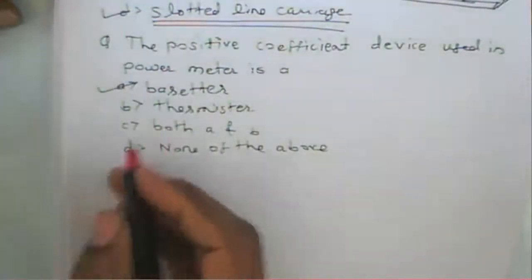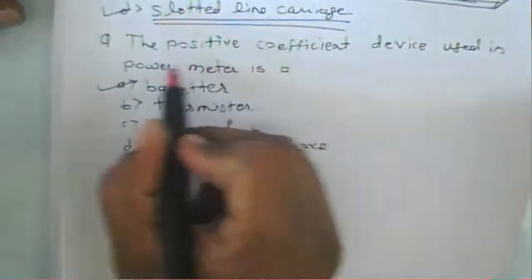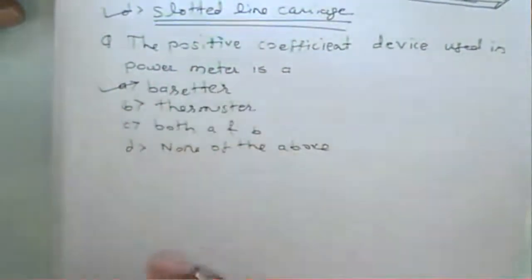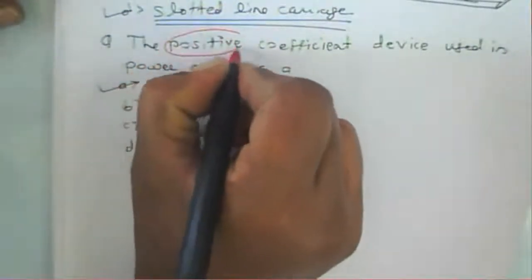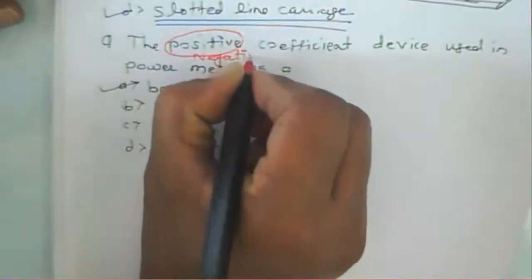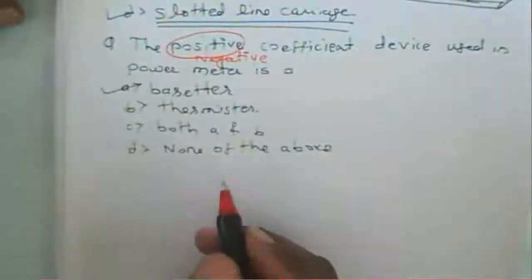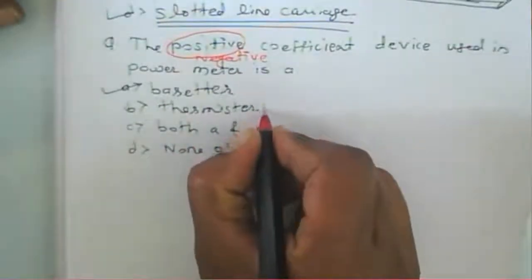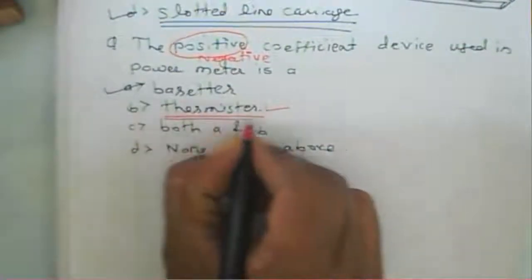If I change the sentence, the question as it stands is straightforward: the positive coefficient device used in a power meter is a barretter. Instead, if I say the negative coefficient device used in a power meter, then in that case it will be a thermistor.